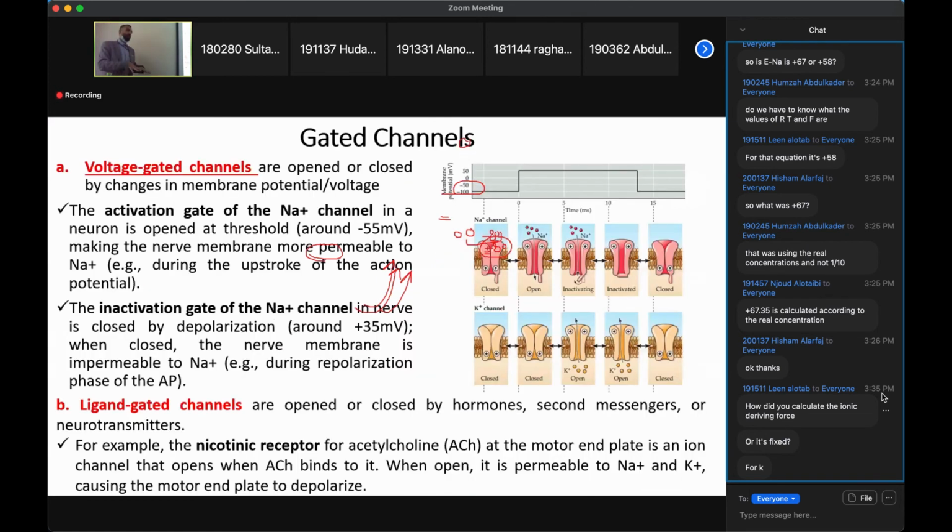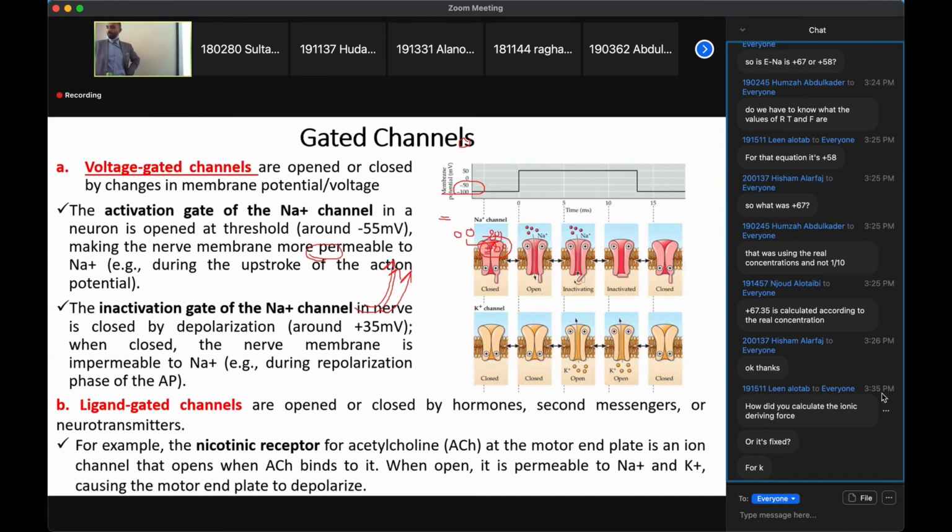Now, another huge factor in this case is the channels, okay? For example, we know that in an action potential, usually the overshoot reaches which value?